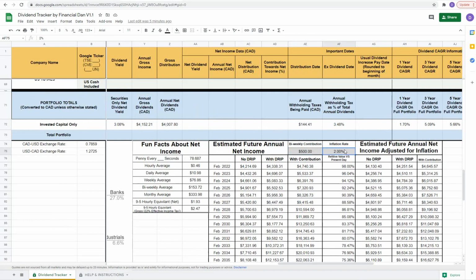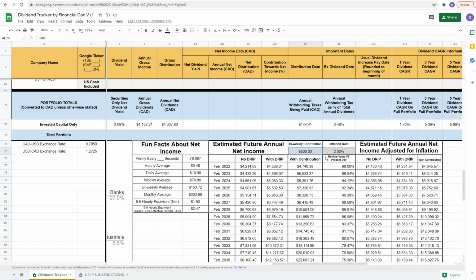Beside that, you'll see another editable cell, which will just allow you to indicate what you think the average inflation rate will be. And that'll give you a duplicate readout of those same three scenarios, but with inflation factored in. Now, one thing to keep in mind is that the bi-weekly contribution amount will not increase based on your predicted inflation rate.